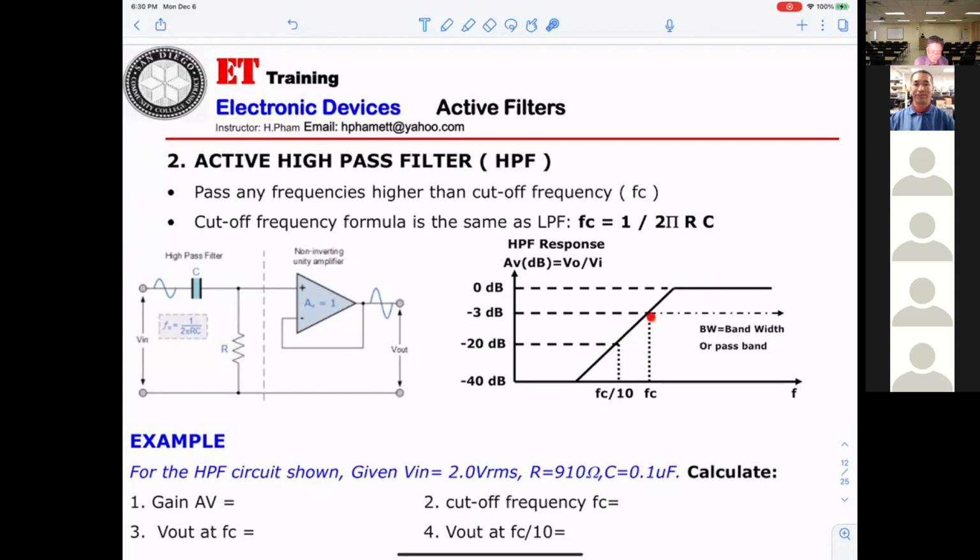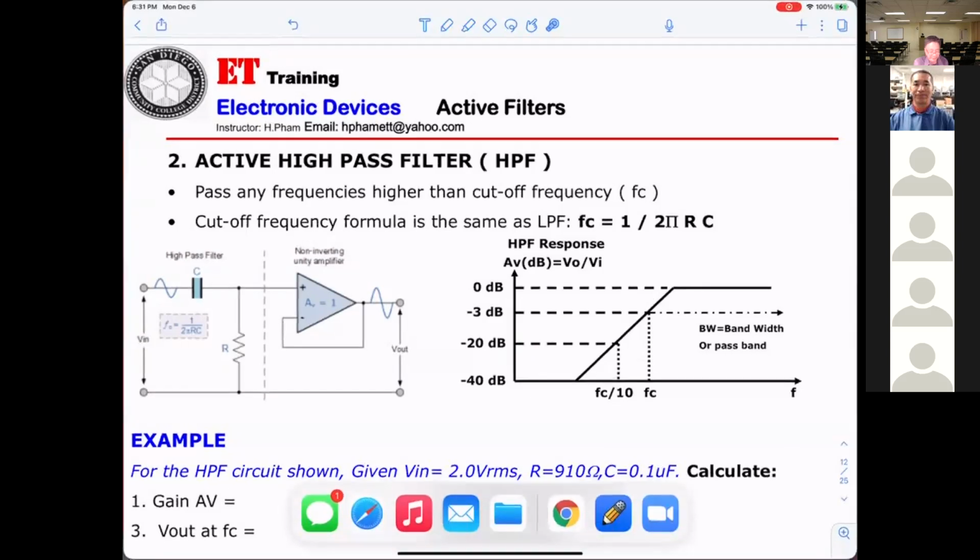When you go to the cutoff frequency here, it will be down 3 dB, the same thing as the low pass filter, and the passband starts from cutoff to infinity here. Any signal less than cutoff will be reduced.